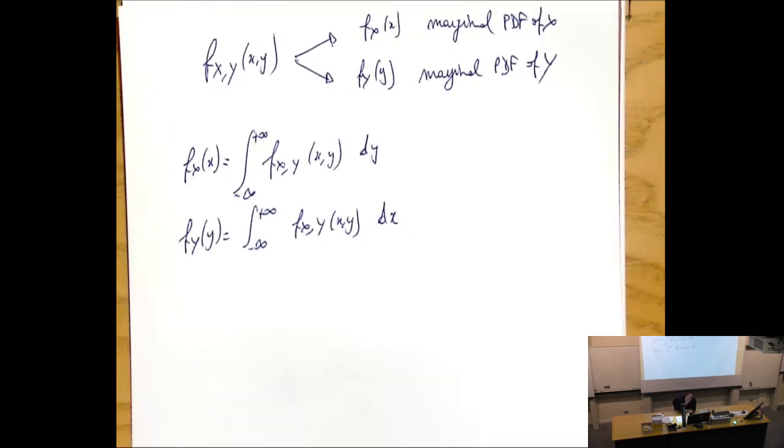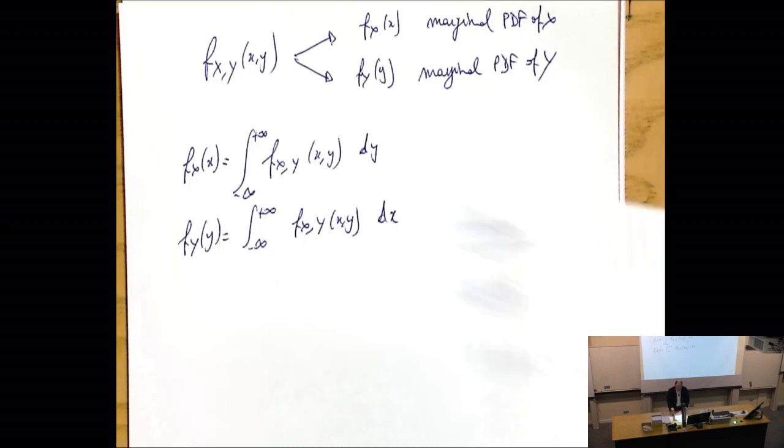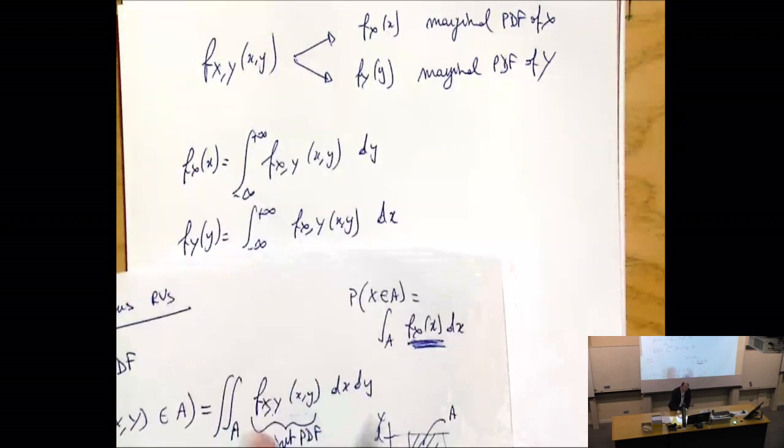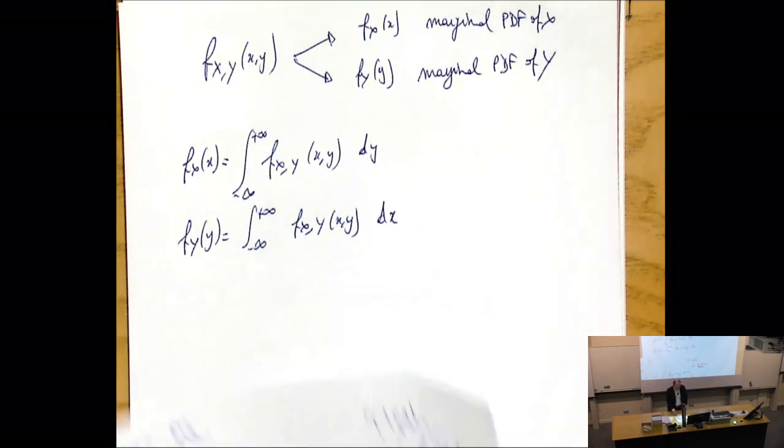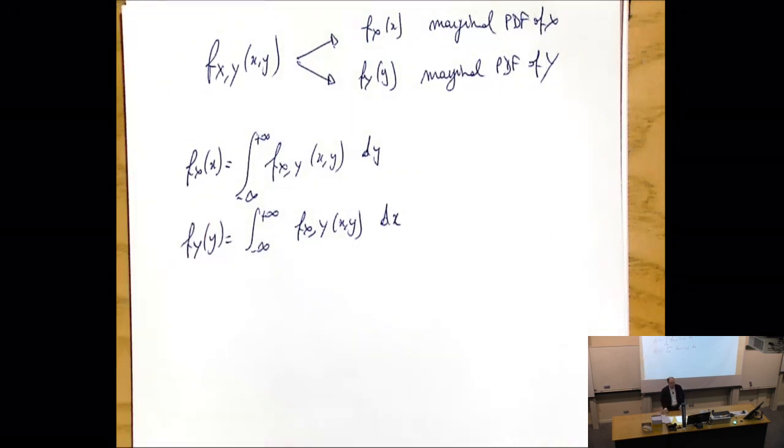So if you have a joint probability density function, you can see this as a three-dimensional shape: you have x and y, and then your joint PDF is some kind of hill. When you look at the marginal, you're integrating out one dimension and keeping the other.